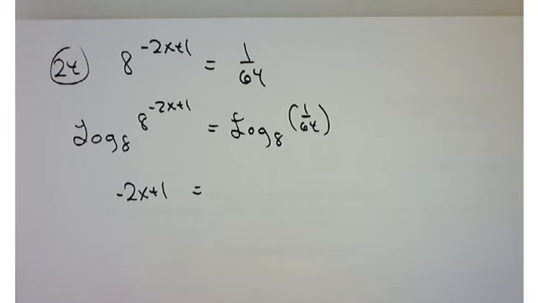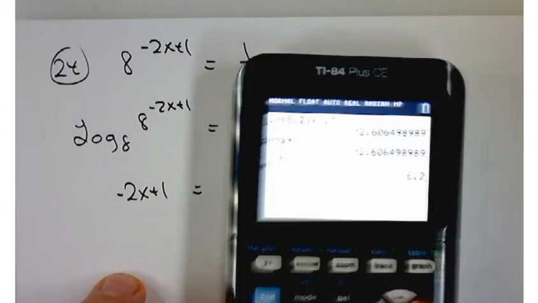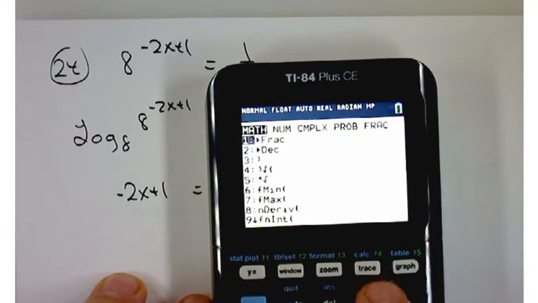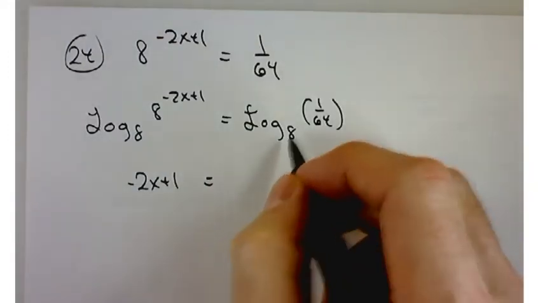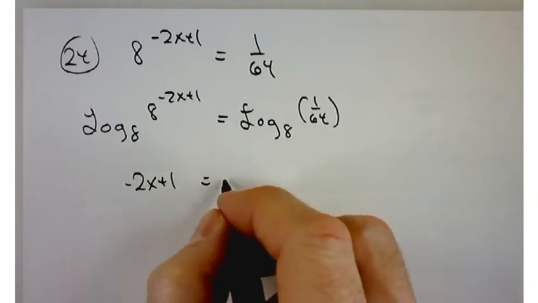You can do that off your calculator pretty easily. So math, and then up here, 8 and 1 divided by 64. Oh, negative 2. Yeah, that makes sense. 8 to the negative 2 would be 1 over 8 squared. So, nice.